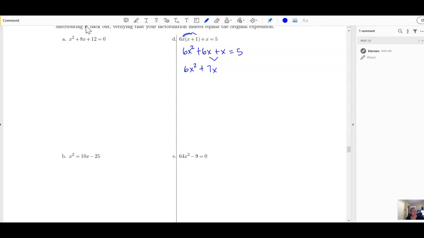And then remember, we need to get the other side equal to 0, so that means we're going to end up subtracting the 5 over to the left-hand side, so that we get 0 over here. And then from here, we're trying to see if we can factor that, and if we can, how it would factor.